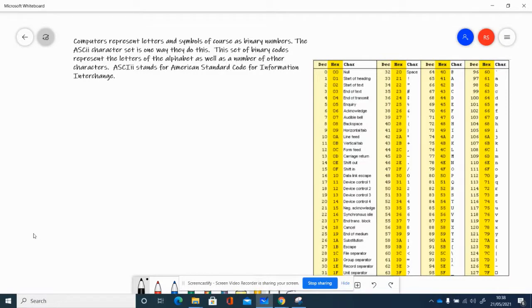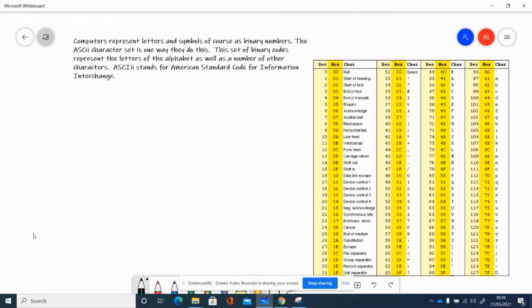So this is a little topic that we may not have got to actually. So very straightforward. We're using a code scheme to represent letters. So when the computer, as you know, represents anything, it has to use binary numbers because it can only respond to ons or offs or switches. So we looked at that as an idea.